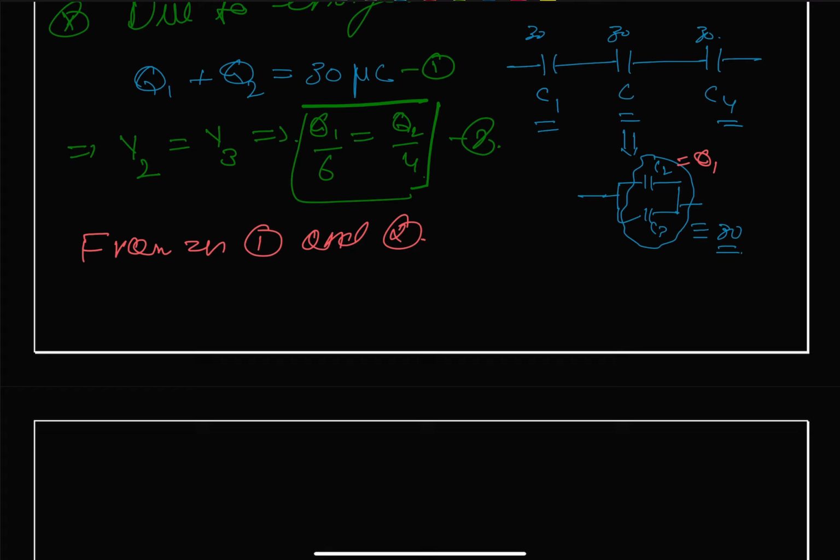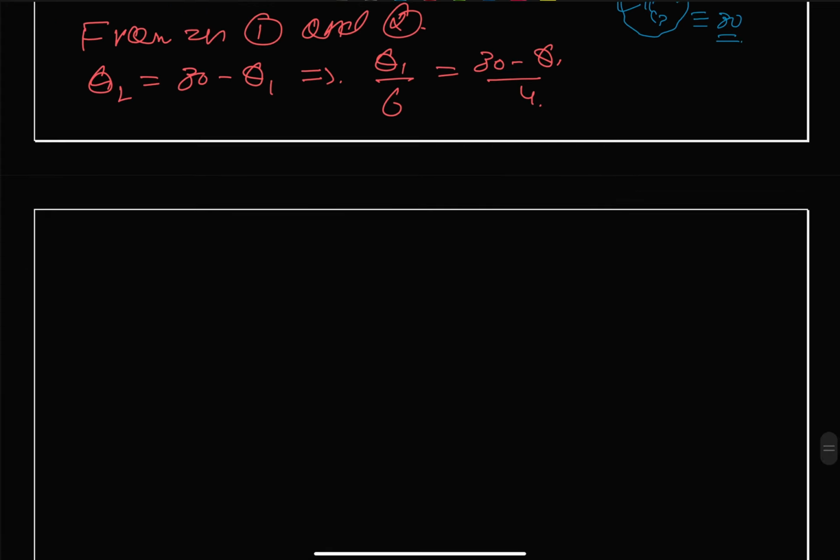Therefore, we can write that Q2 is equal to 30 minus Q1, and we get Q1 upon 6 is equal to 30 minus Q1 upon 4.